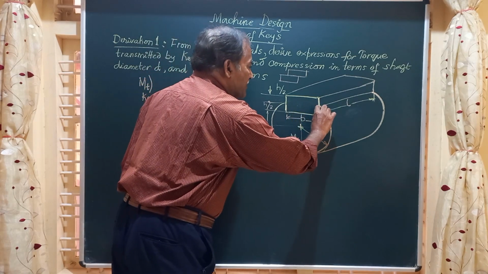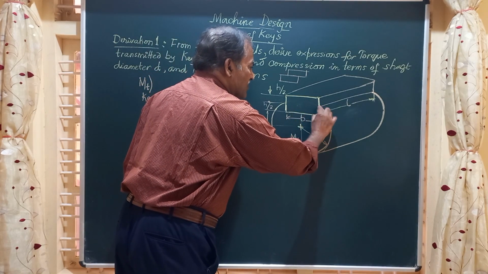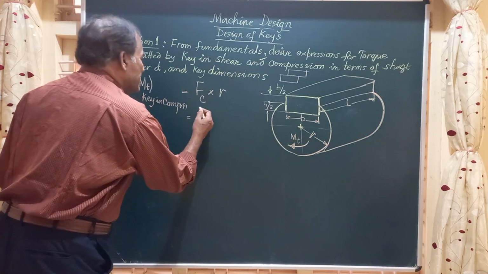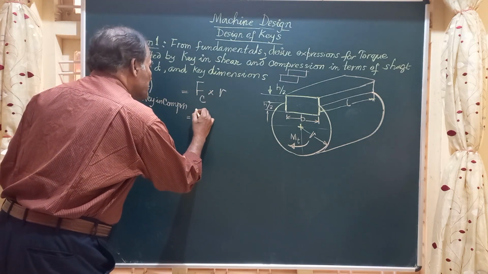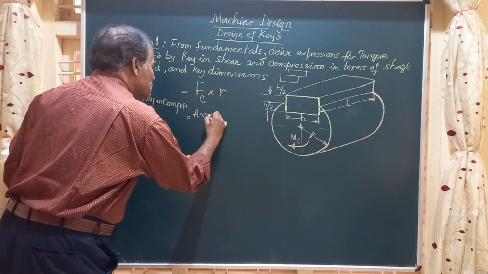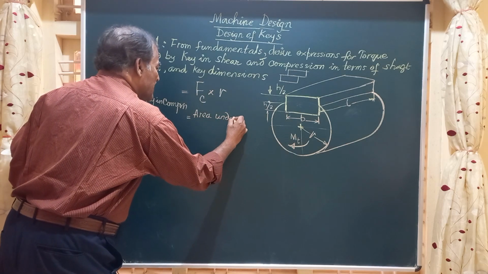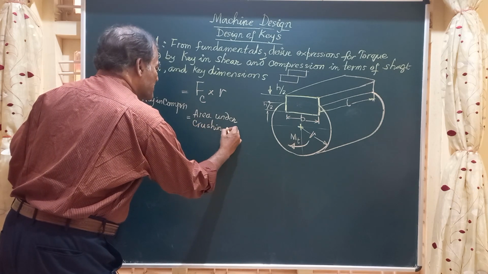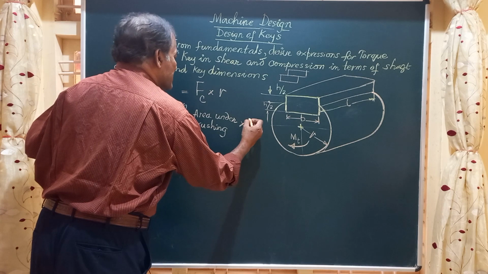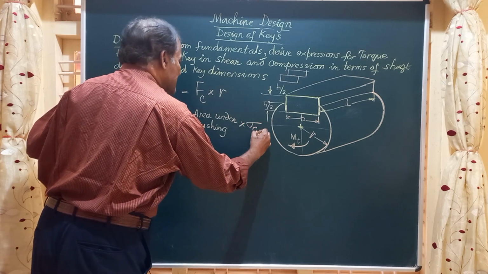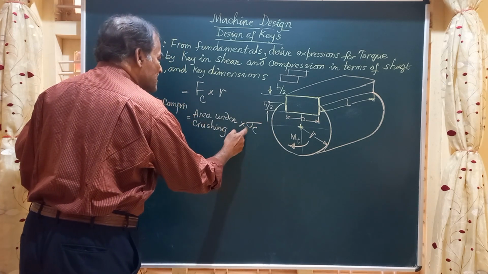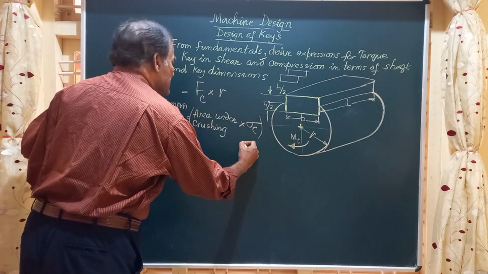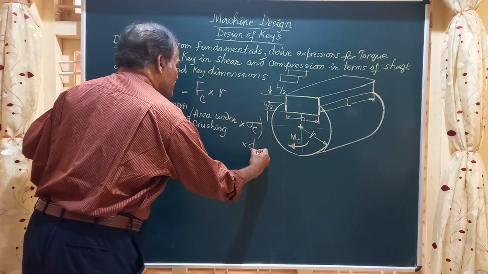It is the depth of the key inside the shaft multiplied by L. So area into stress will give you the load Fc, multiplied by the radius, that is d by 2.